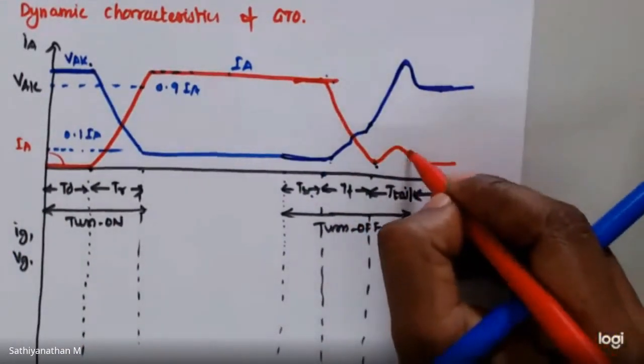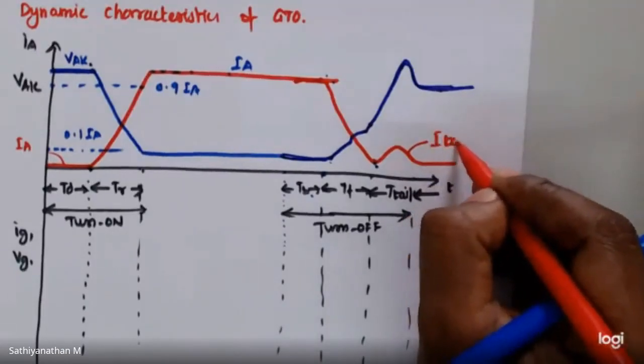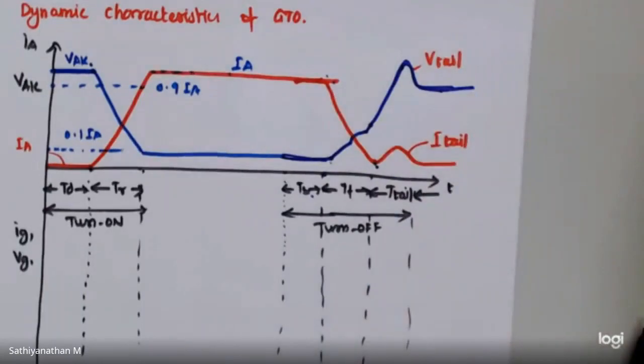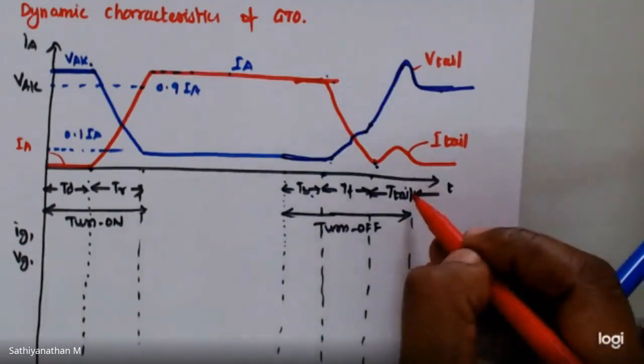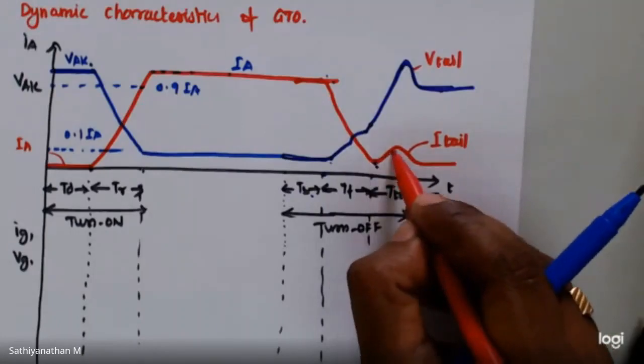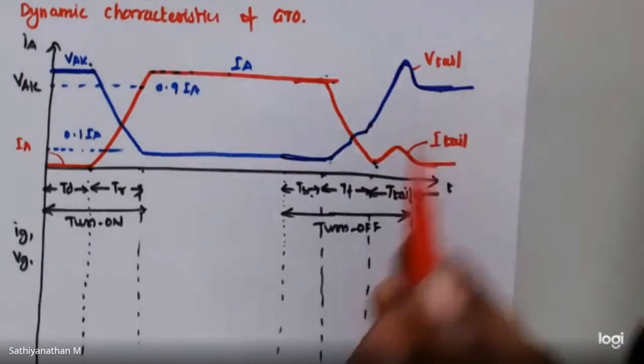That is why we call this tail current or tail voltage magnitude. So there is a sudden change in voltage and current across junctions J1 and J3 during this time period. That is why we call it the tail time period, like a tail, a sudden change.